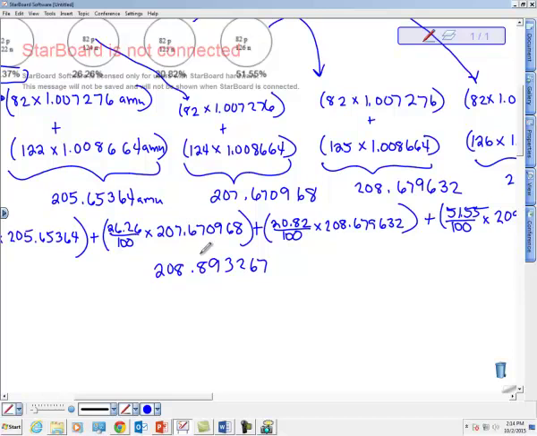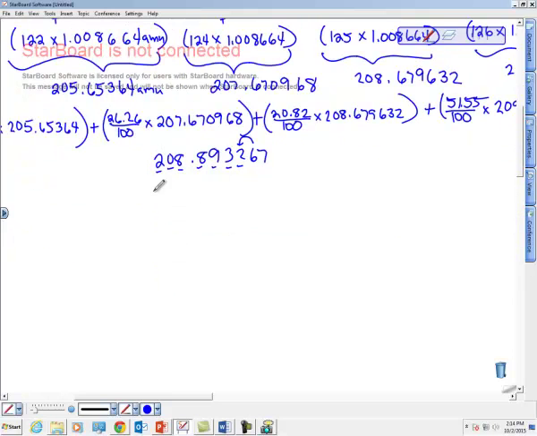And the neutrons also have 7 sig figs. So we're going to round to 7. 4, 5, 6, 7. Check that 2. Do you need to round it up? Yes. So it's going to be 208.8933, and the unit here is atomic mass units.